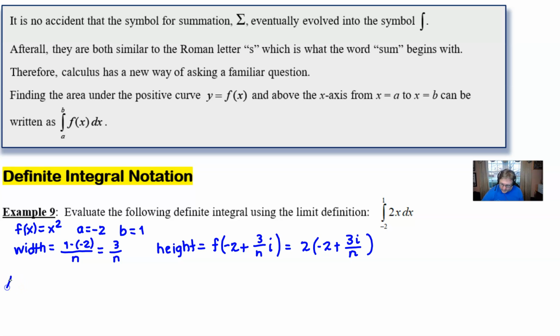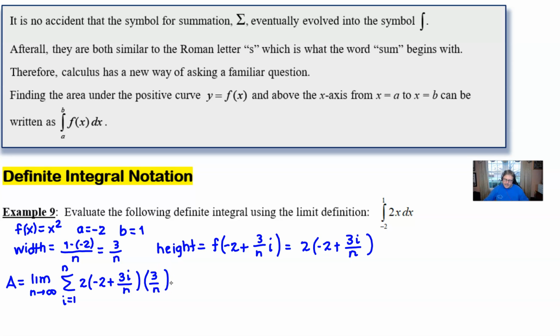So what we're going to do is then say our area is equivalent to the limit as n approaches infinity of the summation as i goes from 1 to n. And then we're going to take our width and height and multiply them. So I'm going to start off with the height here and multiply that by our width, which is 3 over n.